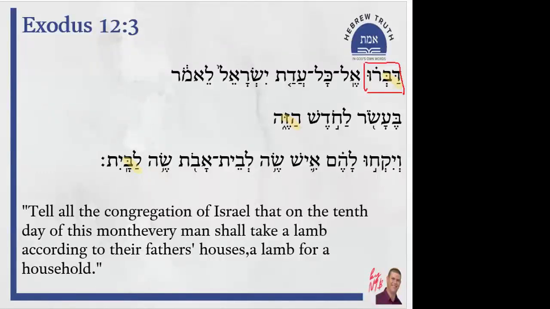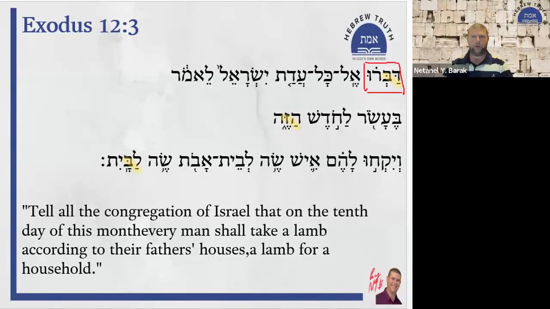Right. All of the other examples where you don't have a vowel before the dagesh, for instance, in the dalet of daberu, or in the bet of be'asor, or in the kaf of kol, no vowel before it, makes it a weak dagesh.